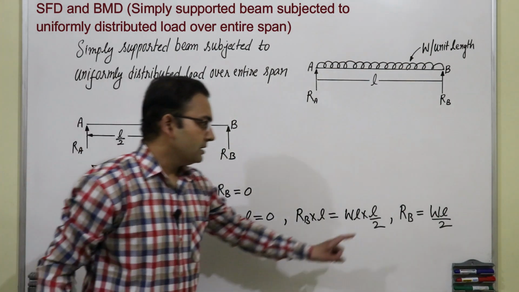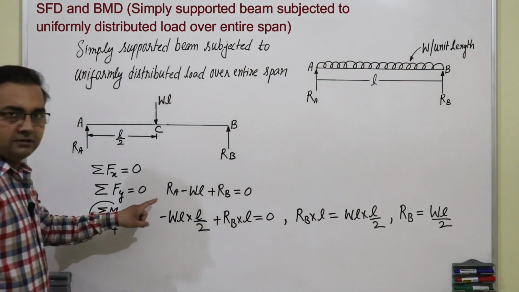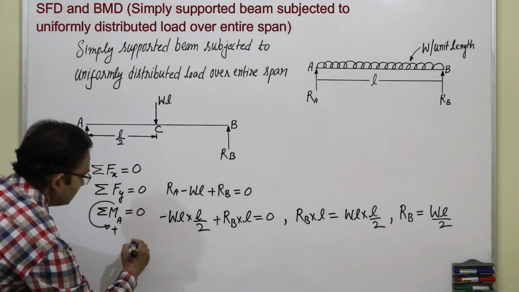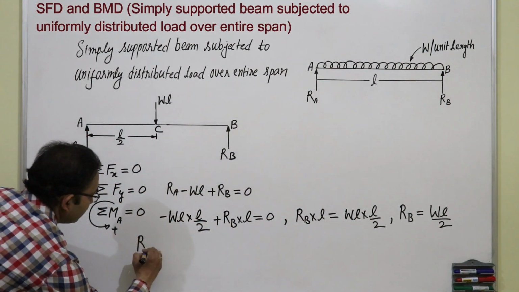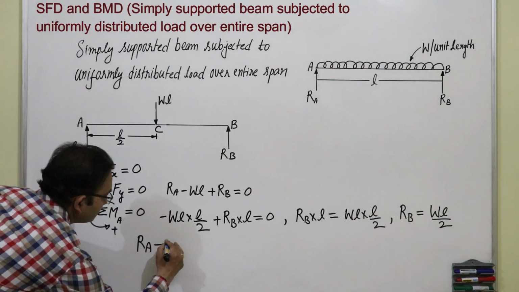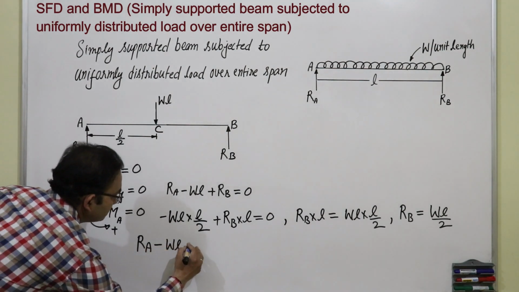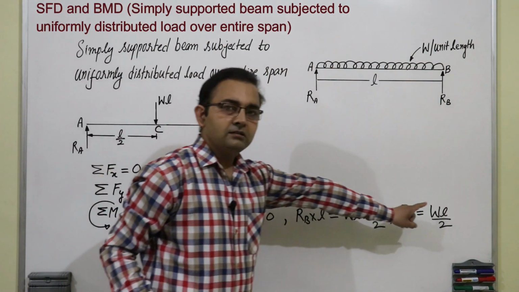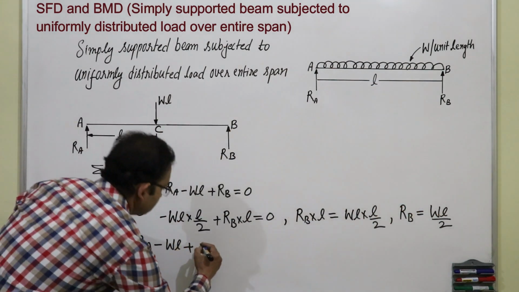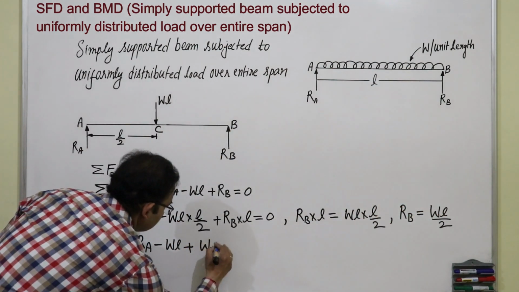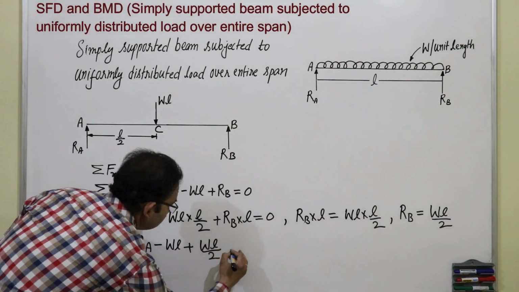Now, we will keep RB value in this equation. RA minus WL plus RB, which is WL by 2, equals 0.